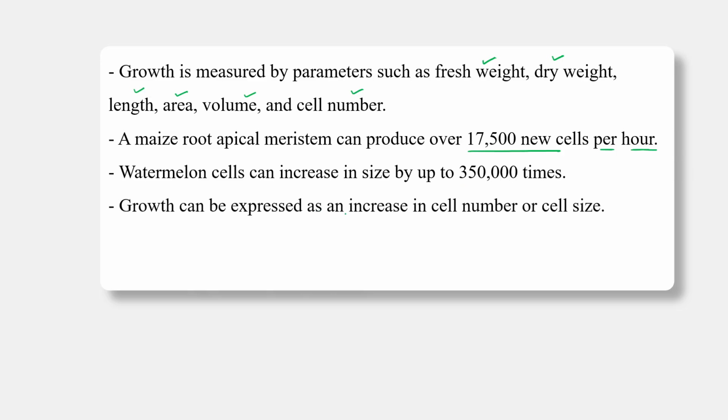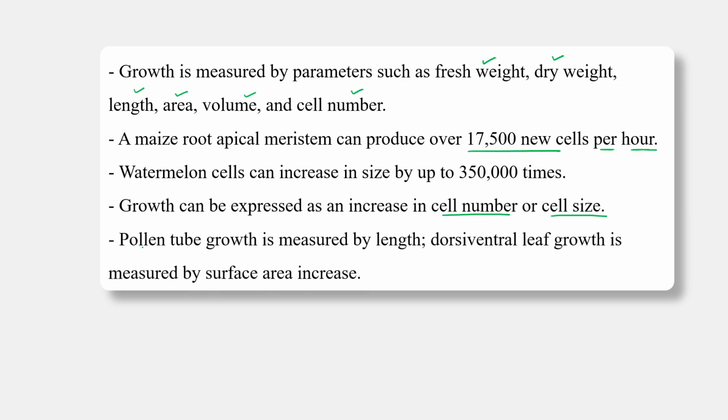Growth can be expressed as an increase in cell number or cell size. Clear? For the pollen tube, growth is measured by its length. For a dorsiventral leaf, growth is measured by the increase in surface area. Clear?